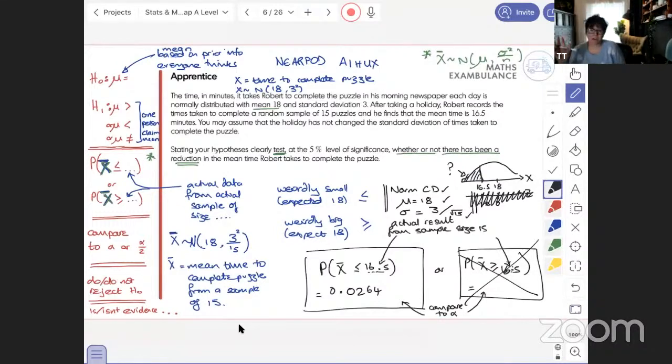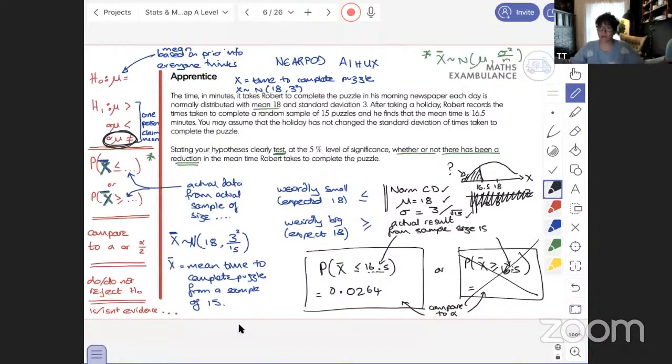Now we do our comparisons. What are we going to compare it with? Well, if it was two tails, if the person is saying, I don't think it's 18, I don't think it takes him 18 minutes to do a jigsaw puzzle, and that's all I'm saying, then that is a two tail.